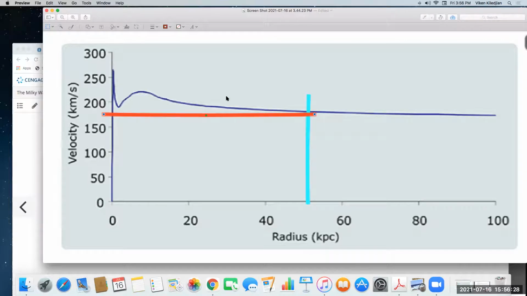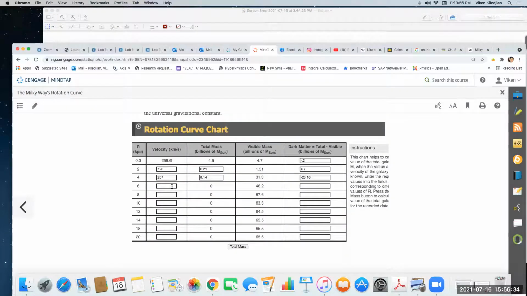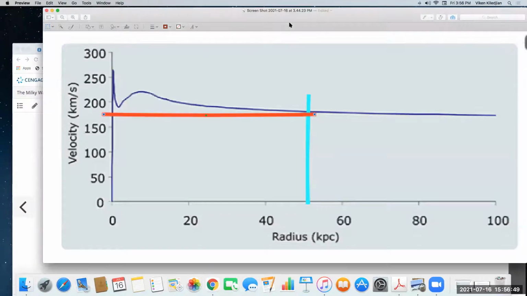Then take a snapshot of that. And then you're going to put that equation again into here. Velocity, let's see what we get. I'm going to guesstimate, let's say 172.